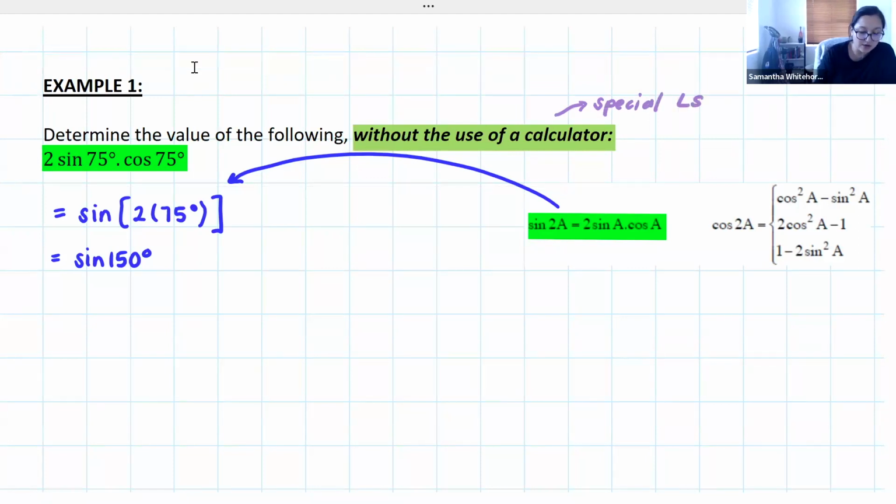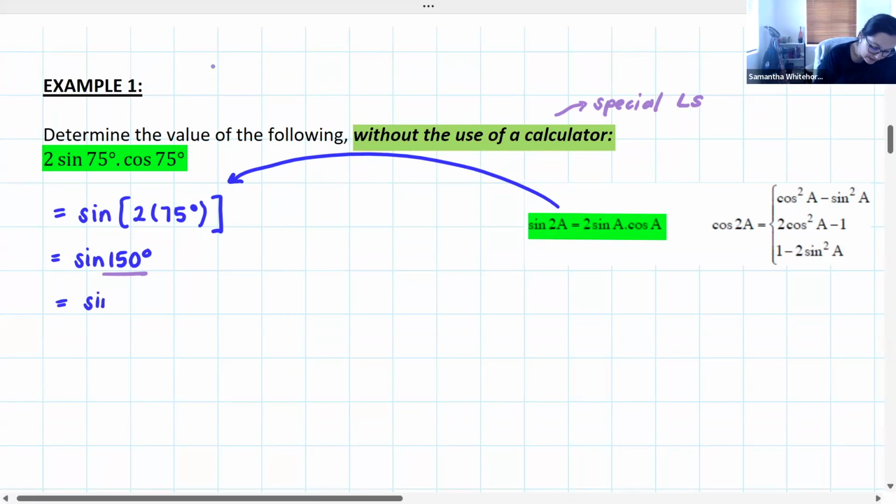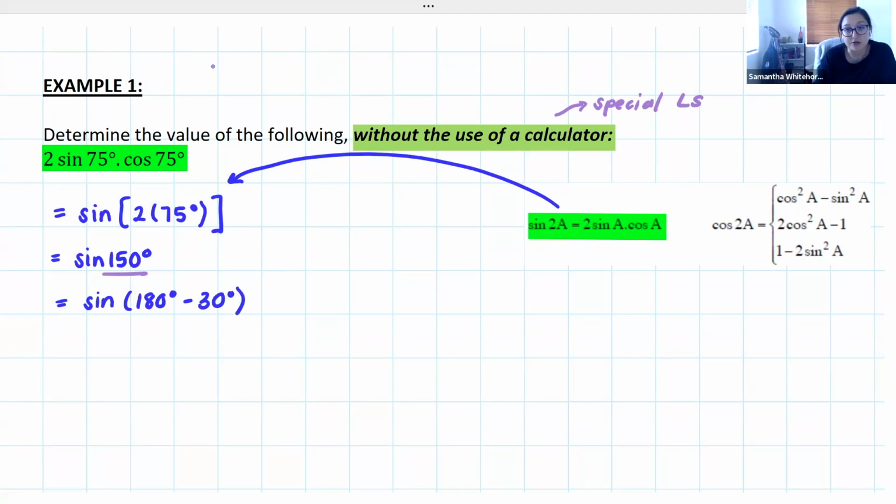And as it currently stands, 150 is not a special angle. I don't have a tool to work out the value of sine 150 without a calculator. So this is where I need to start thinking of my reduction formula. If I take sine of 180 minus the special angle of 30, I get 150.